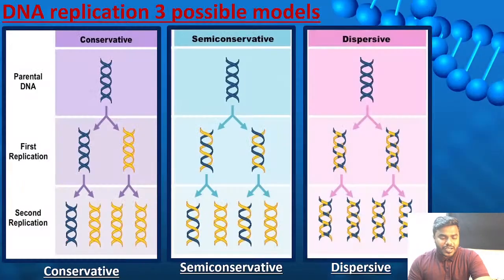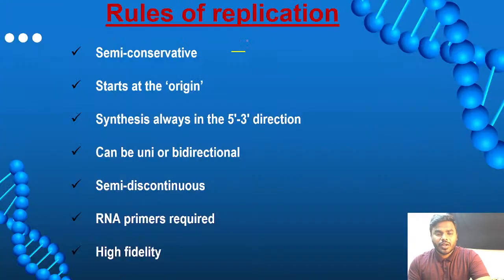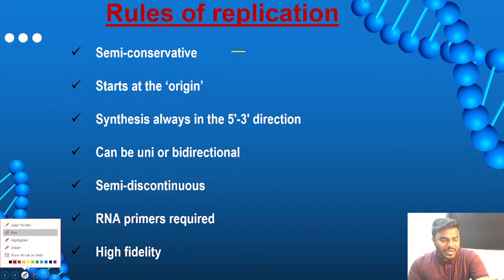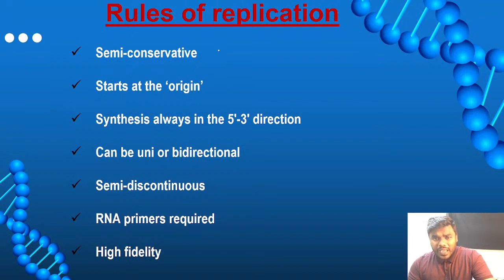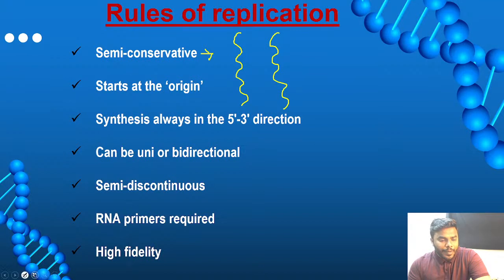Now friends, which model do we have to prove? We have to prove the semi-conservative model. What is its ultimate goal? According to the semi-conservative model, we have to prove that the two parent strands are always associated with the daughter strand.